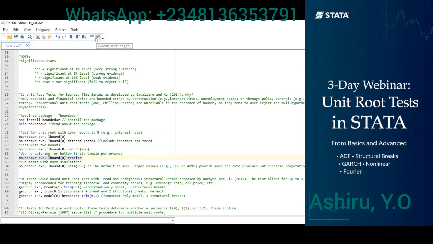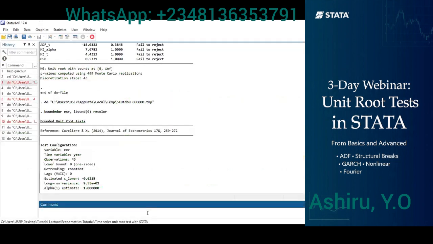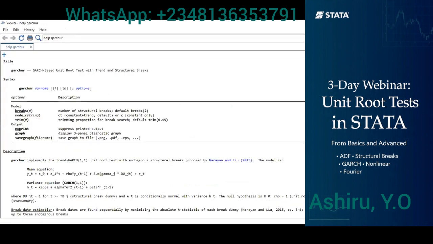So let me run this. It is just to have a better result in case the other one does not work, especially if you have a small sample size.